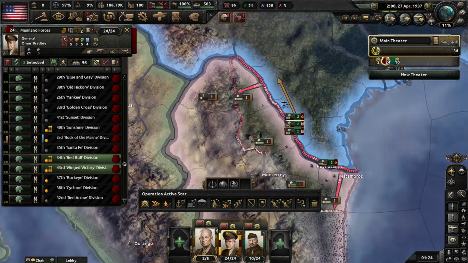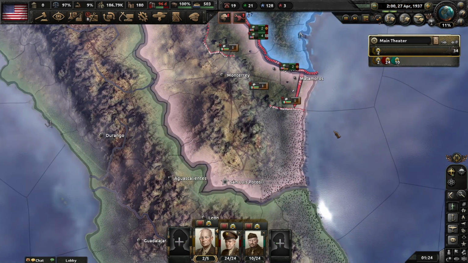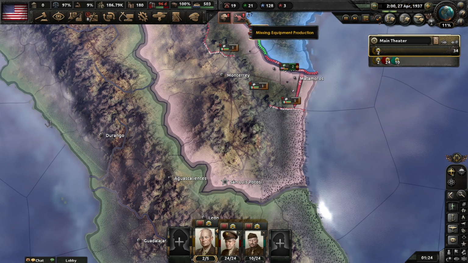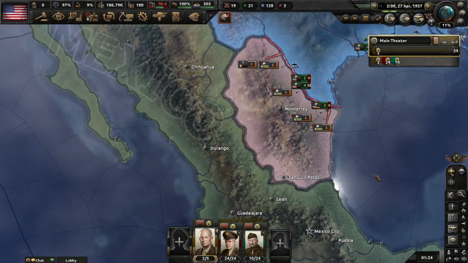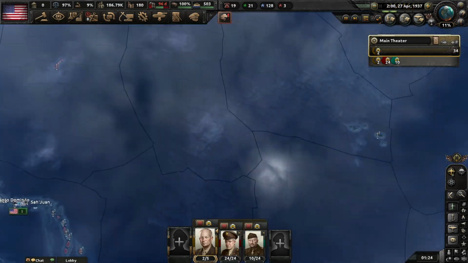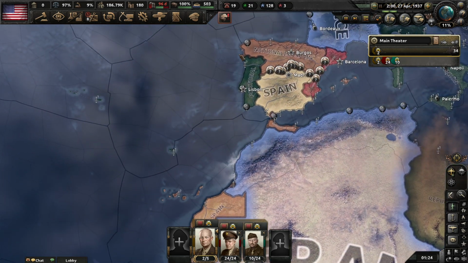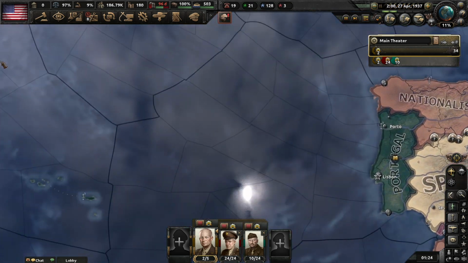Figuring out where to put your divisions after a civil war is probably my single least favorite thing in this game. You have to do everything instantly, and you have to deal with crises that instantly evolve. It's a hassle, at least in the Spanish Civil War, which I've played Spain, so I know a lot about how that plays out. Your divisions usually start, and some of them on the border, and it's a little better.